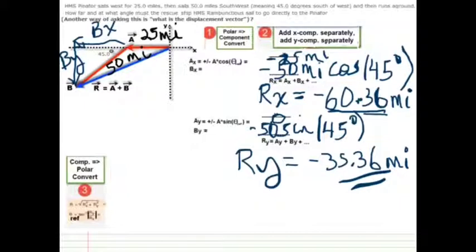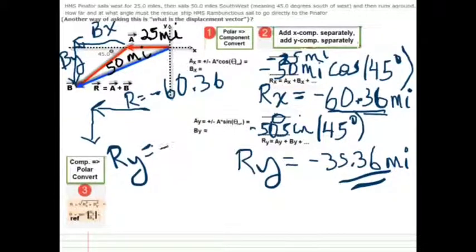For the resultant vector, we have r sub x equal to minus 60.36 and r sub y, tail to tip, is minus 35.36 miles.